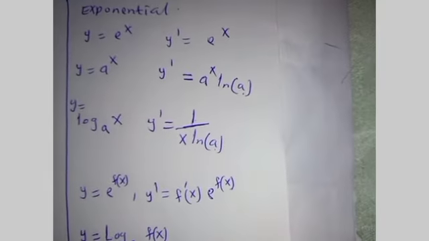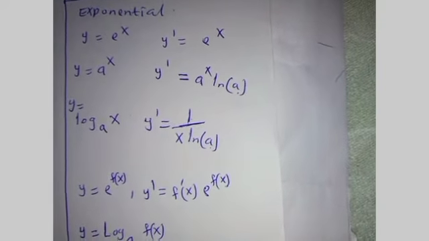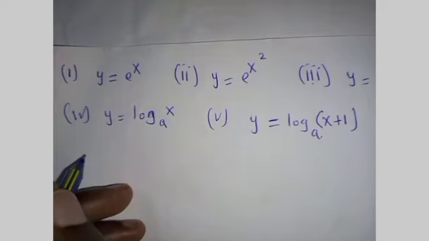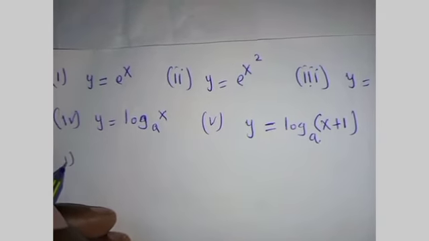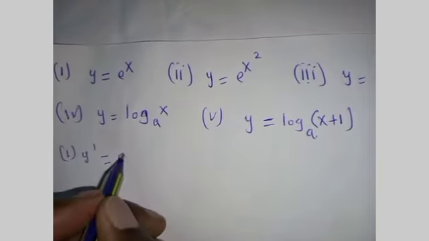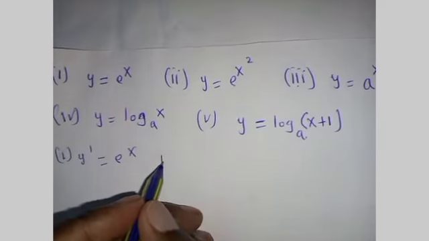So we are going to have an example to see how these are done. We look at this example. We are to get the derivative. Solution for number 1: y prime will be equal to e power x because it remains the same.